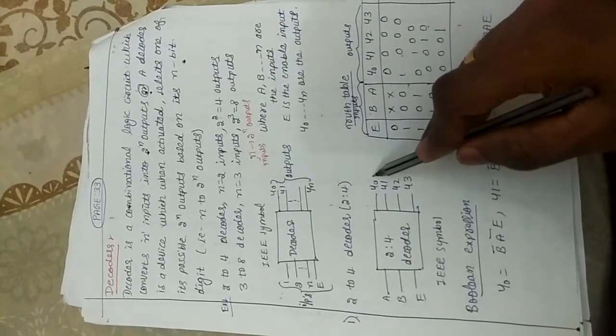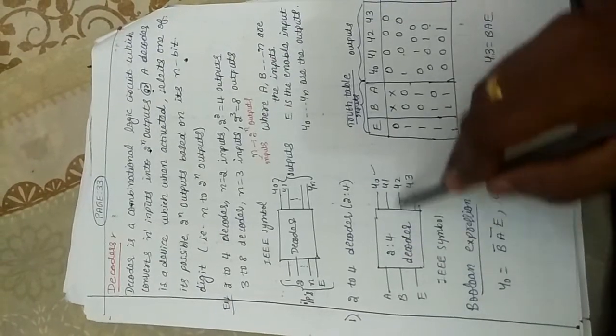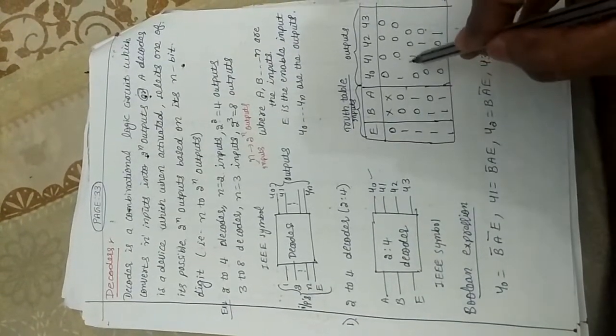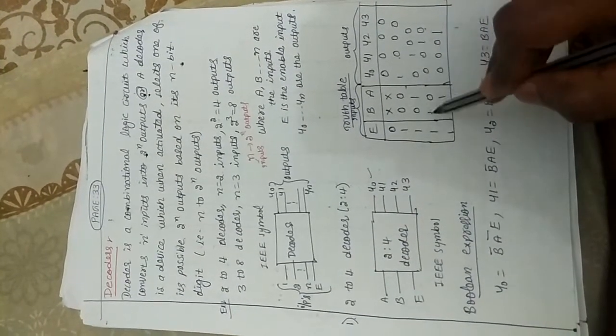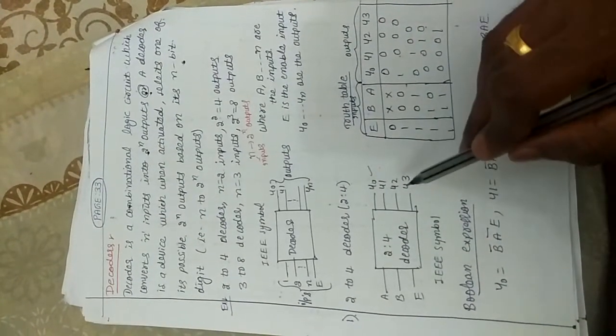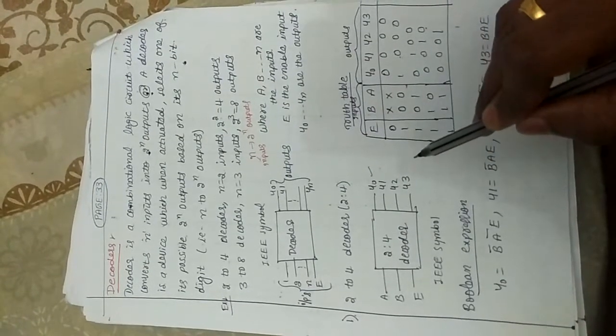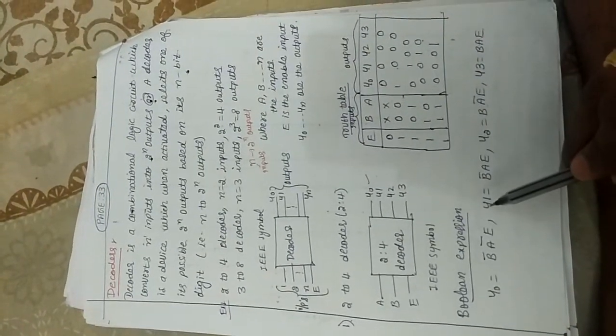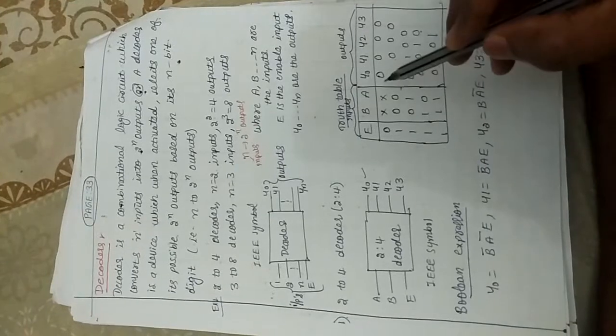If enable is 1, if the input is 0 0, then y0 will glow. If it is 0 1, y1 will glow. If it is 1 0, y2 will glow, and if it is 1 1, y3 will glow. Then, similar to the multiplexer, you have to write the Boolean expression from the truth table.